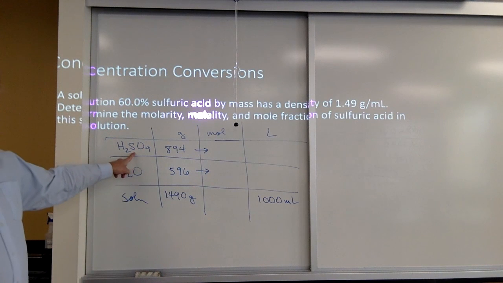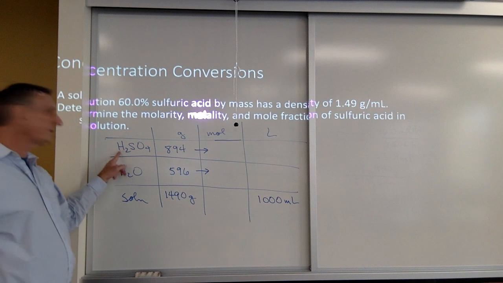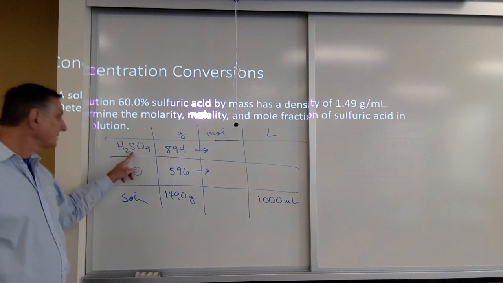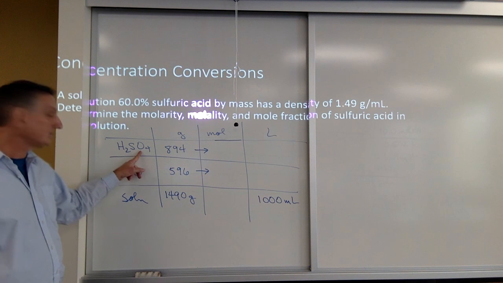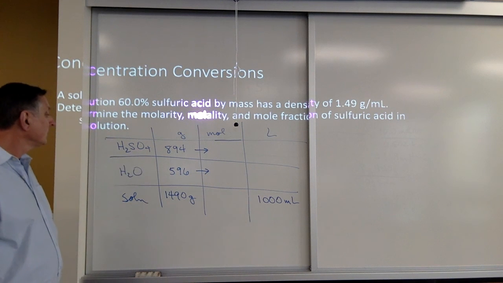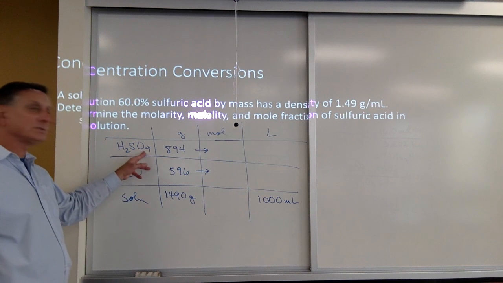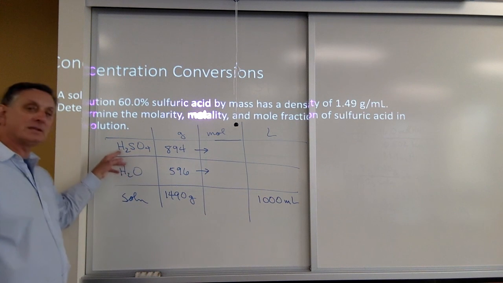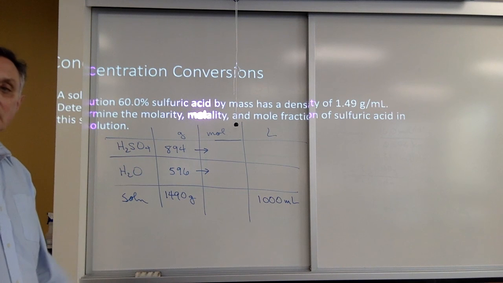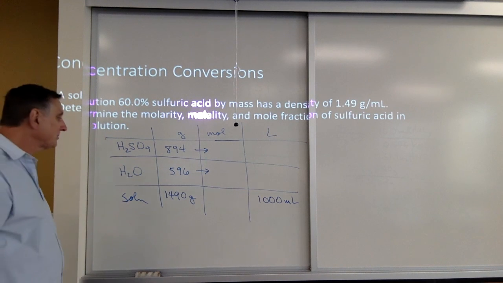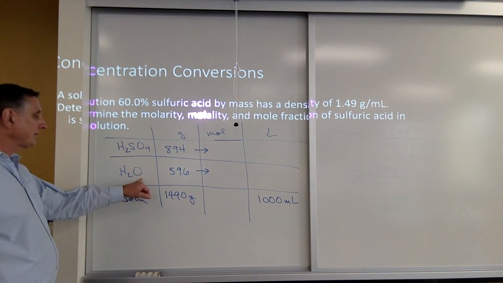So I need to find the molar mass of H2SO4. Hydrogen is 1, sulfur is 32.06, oxygen is 16.0. The molar mass is 32 and 64, that's 96, 97, 98, right around 98 to 99 grams per mole. Water is 18 grams per mole.